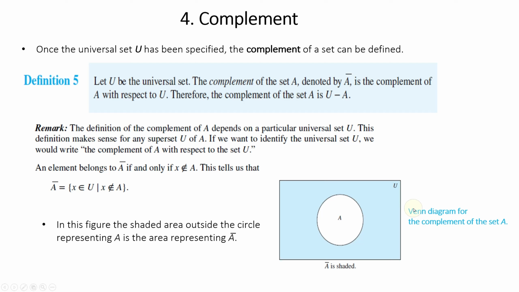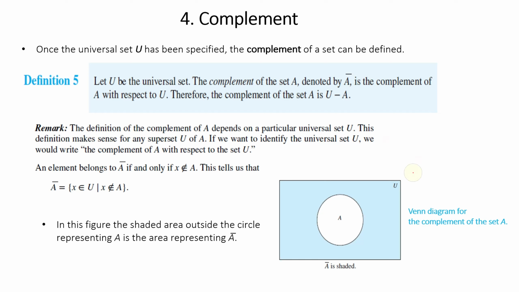Now the one that maybe you have not seen a lot is called the complement of a set. The complement of a set is denoted with this bar above it, and this means everything other than what's in A. Anything else. Remember, we said this here is the universal set. That means all the possibilities.